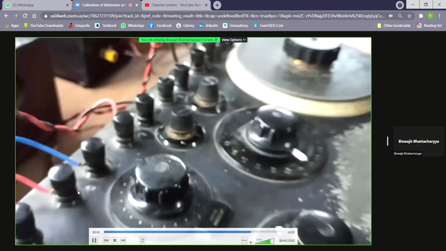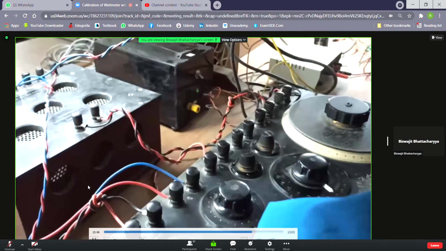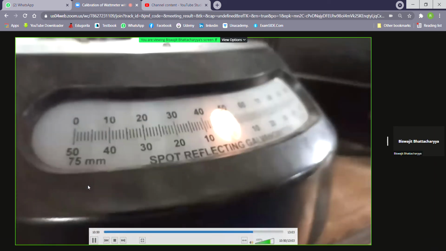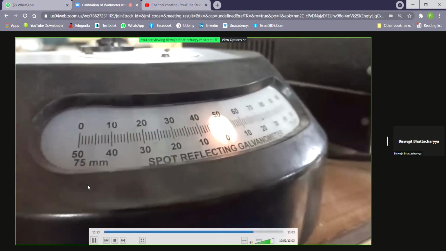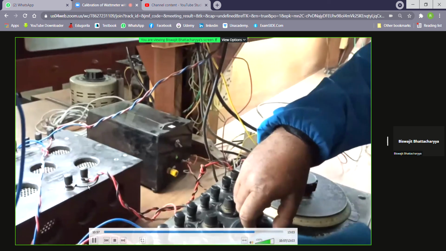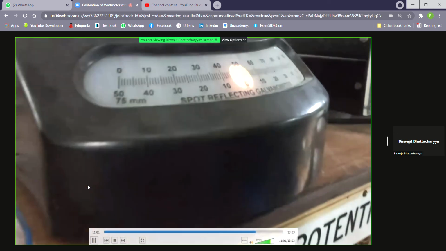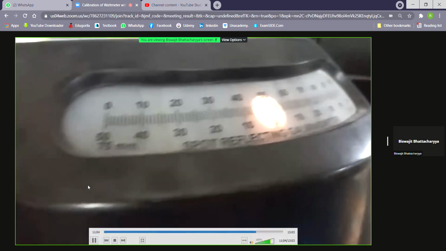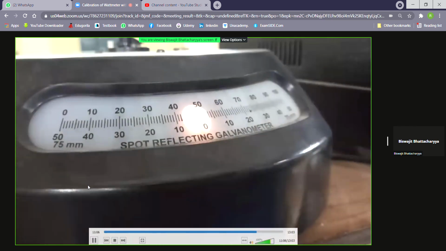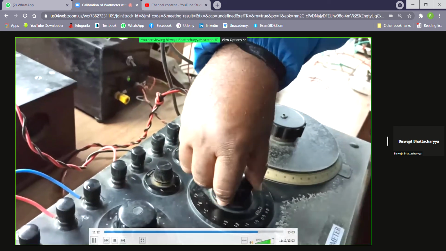Now by the same process, we will check whether there is deflection in the galvanometer or not. You can see that there is a deflection. So we will try to nullify this by varying the main slide and the vernier slide.